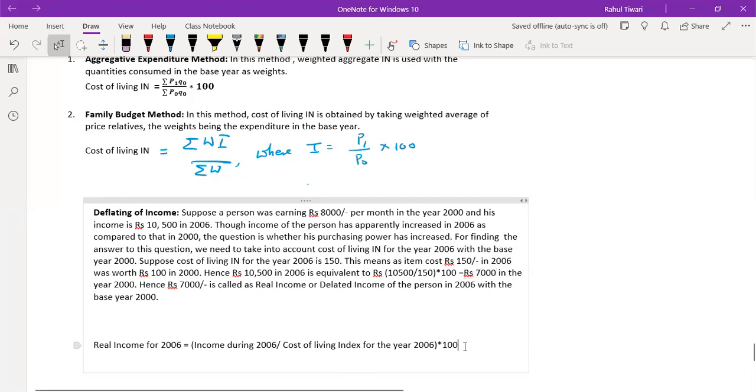And one can also calculate per capita income. Suppose the income is corrected for the change in prices to get the real income.